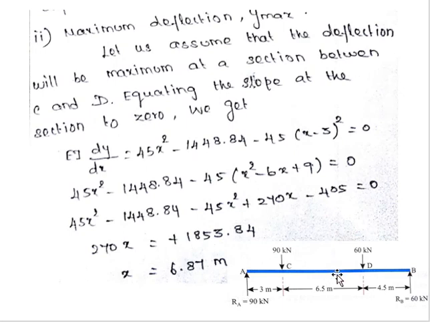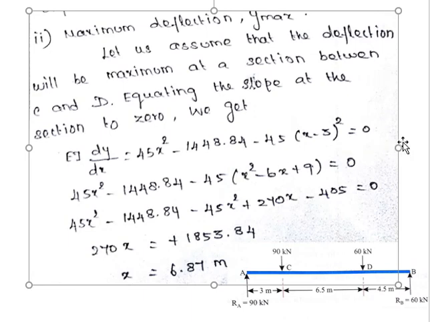So we just assume our maximum deflection occurs between the C and D points. When the maximum deflection occurs at that place, the slope is zero. That is the condition, because at maximum deflection the beam will sag like this. So at the maximum deflection point, the slope line will be horizontal. So there is no slope at the maximum deflection point.